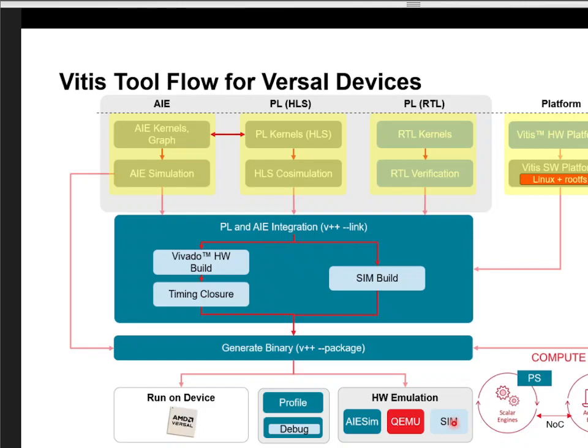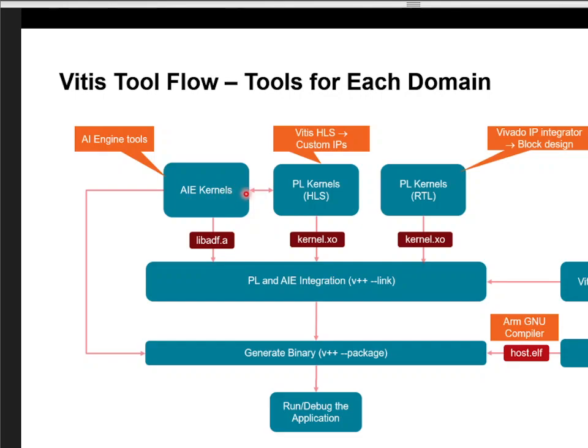So we have dedicated development tools for each of these domains, and also for the different persons. As already mentioned, we have the AI engine tools, the Vitis tools, and the IP integration tools. Each of these domains produces different output files: a graph file, a kernel object file, as well as for the HLS and for the IP.